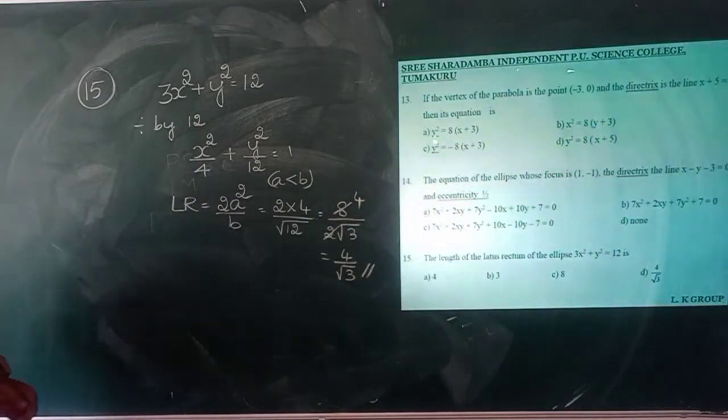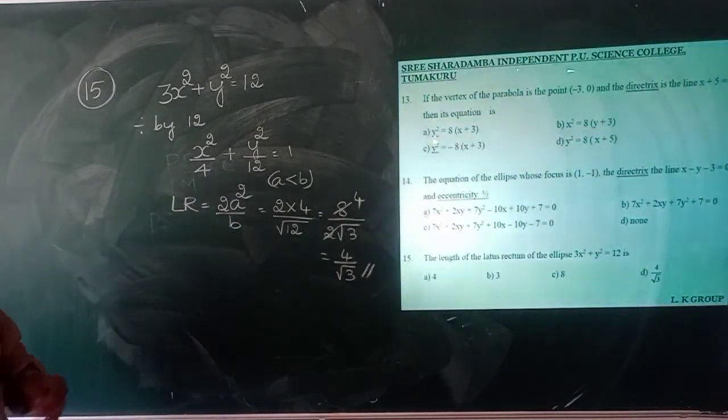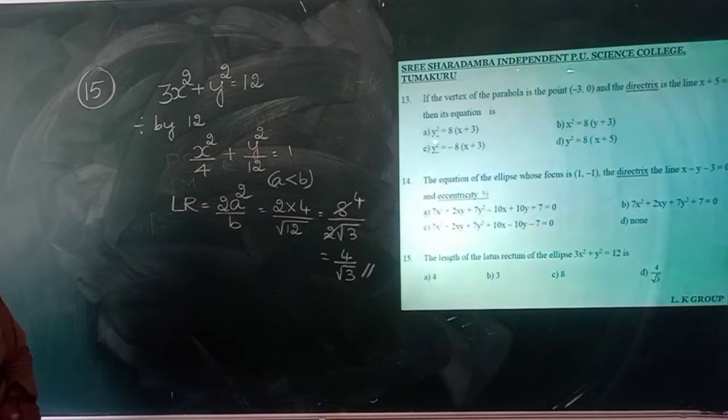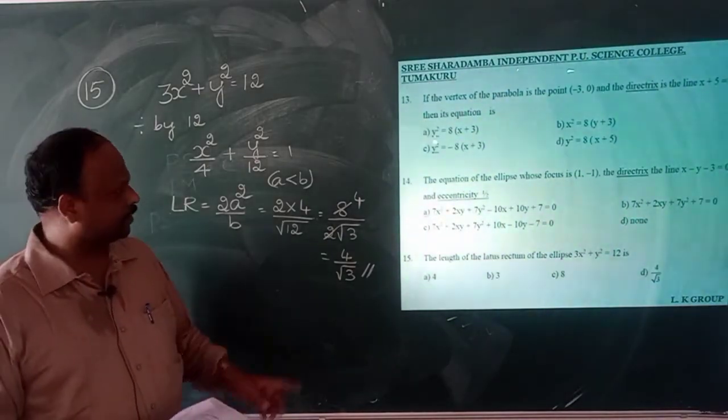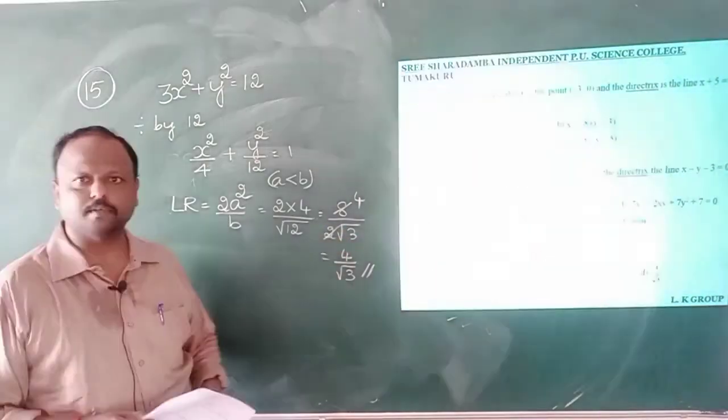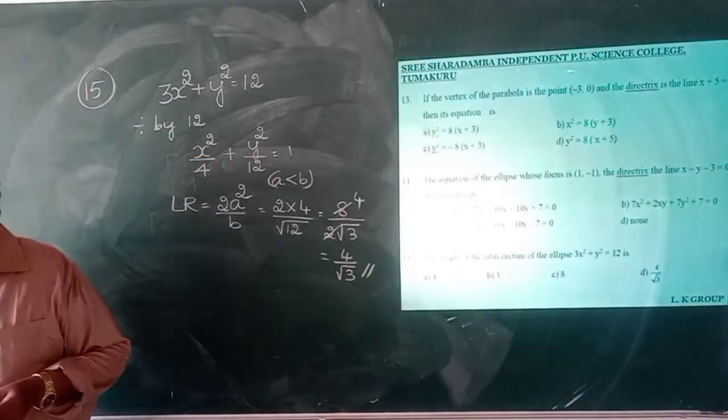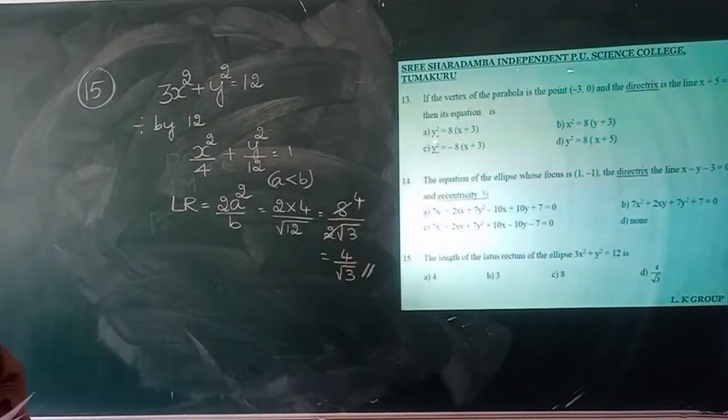Now you can observe, whenever a is less than b, it is 2a square by b, and whenever a is greater than b, it is 2b square by a. Here 4 by root 3 is the length of the lateral rectum.